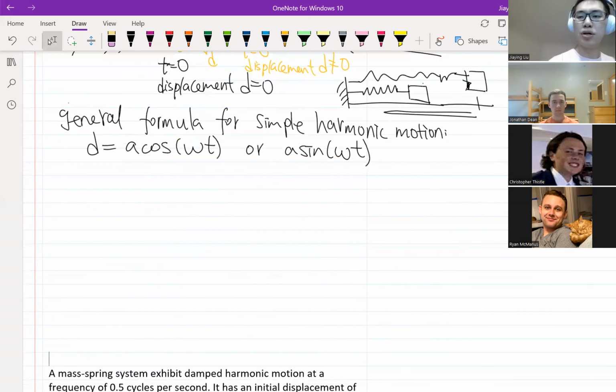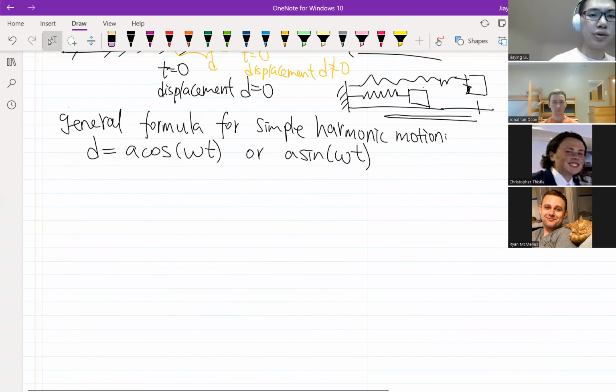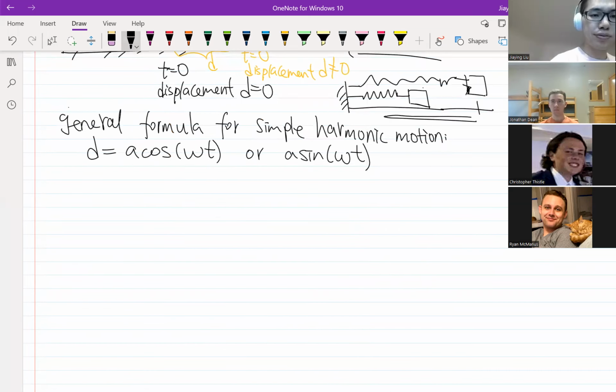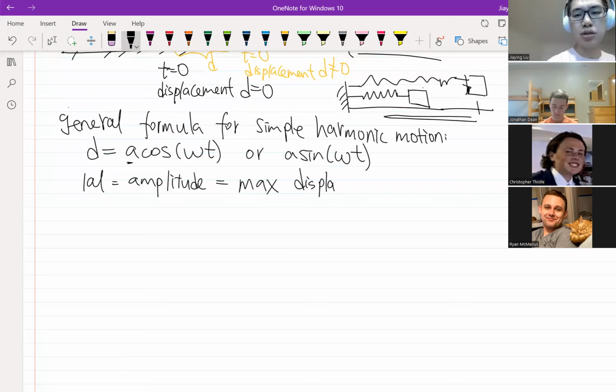So that's the general formula. And in this formula, the absolute value of A is the amplitude. It's also called the maximum displacement of an object. So that's A. And it's often equal to the initial displacement.